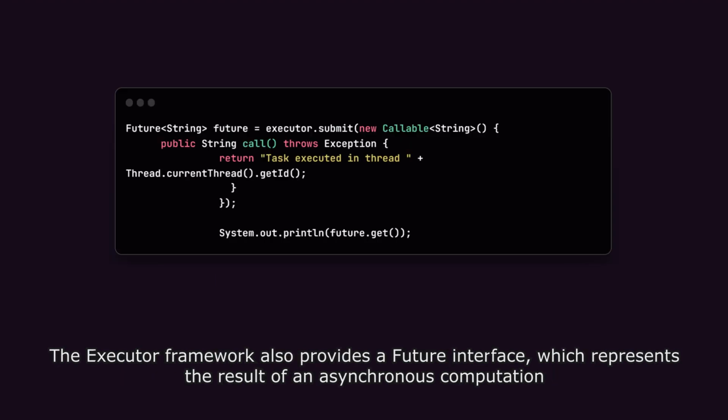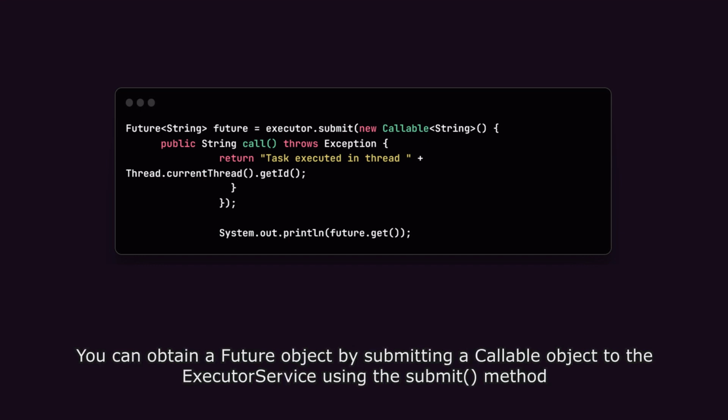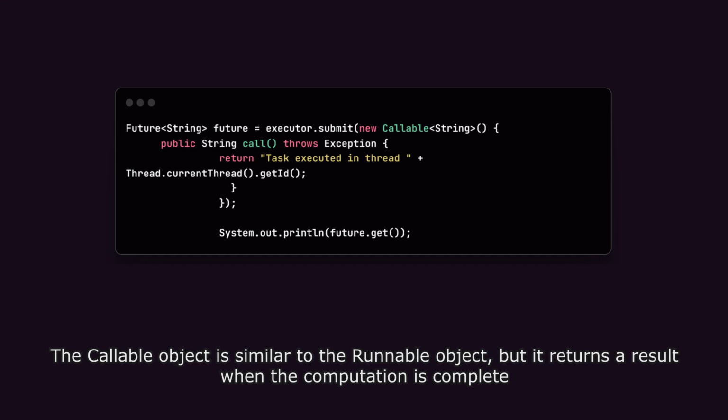The Executor framework also provides a Future interface, which represents the result of an asynchronous computation. You can obtain a Future object by submitting a Callable object to the Executor service using the submit method. The Callable object is similar to the Runnable object, but it returns a result when the computation is complete.